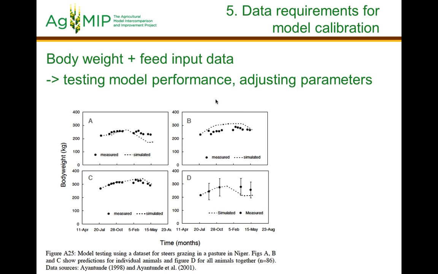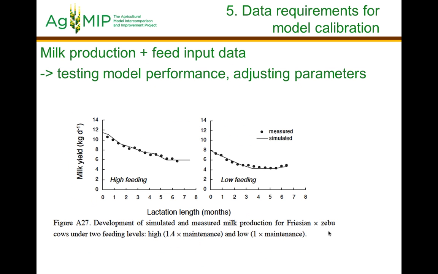If you have also data on both body weight and feed input data, then the model can also be tested by comparing the simulated against the observed body weight. And so based on that, parameters can be adjusted. And so here we're just looking at some examples from Niger, actually. So I think that's quite clear.